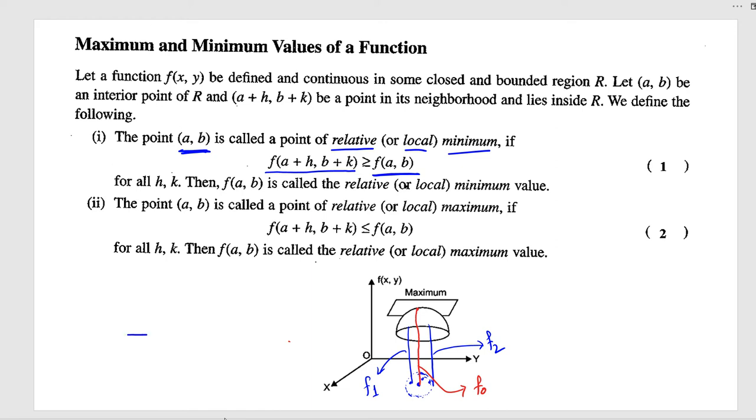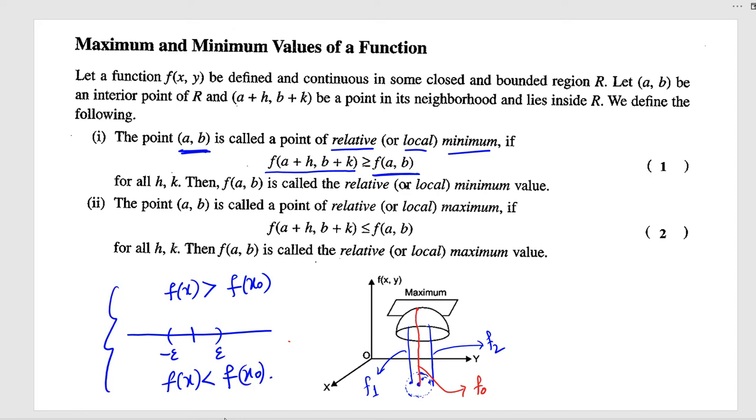We have seen that in the one variable case, if it is a maximum or minimum in the interval minus epsilon to epsilon, then either f(x) is less than f(x0), or f(x) is greater than f(x0). If this is a maximum or minimum point, these two inequalities hold.